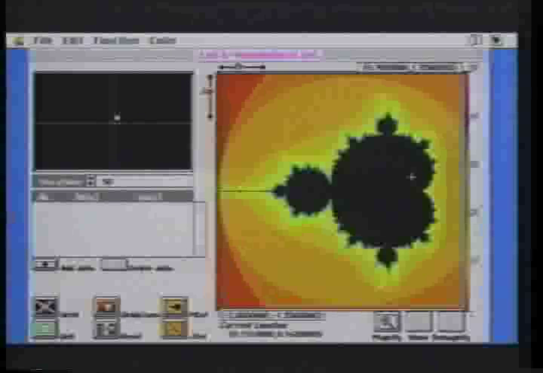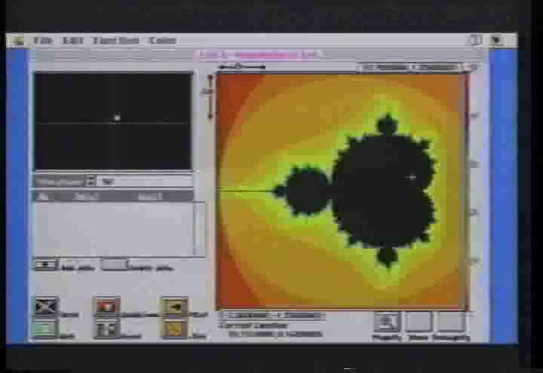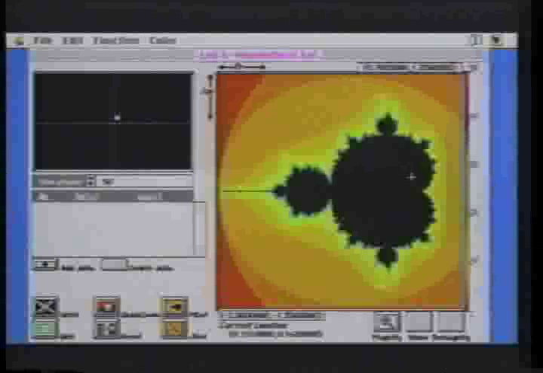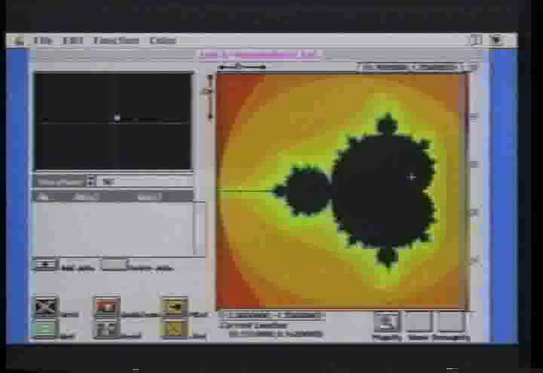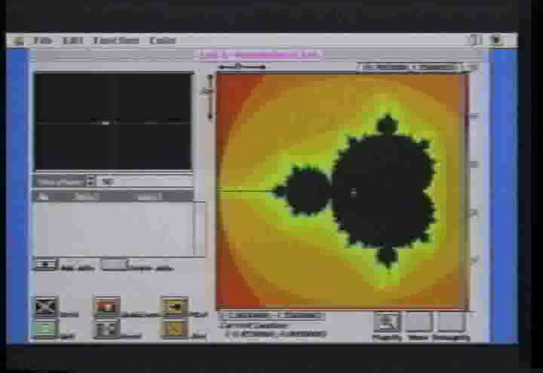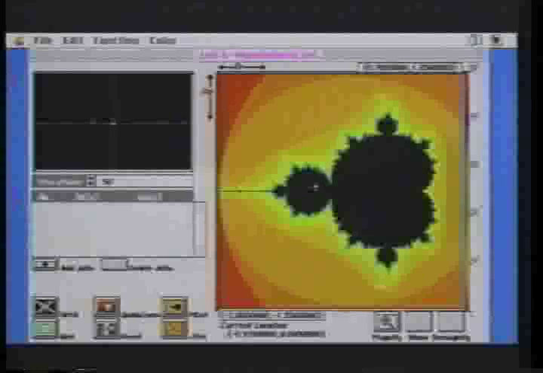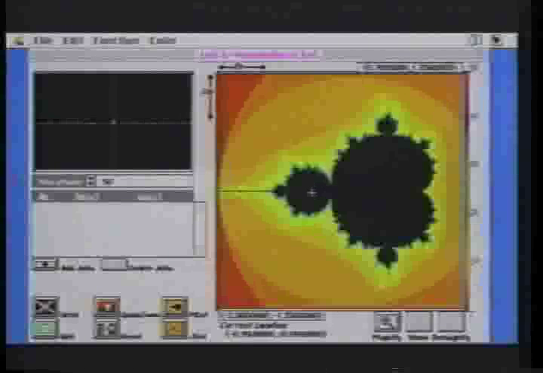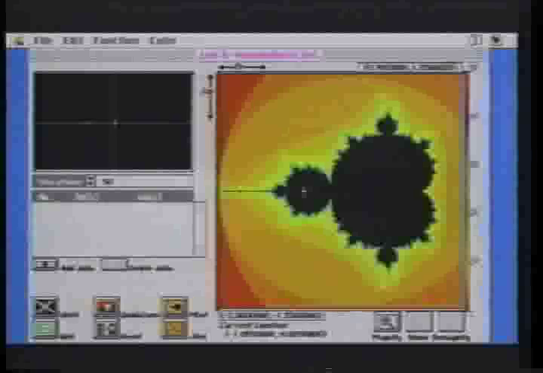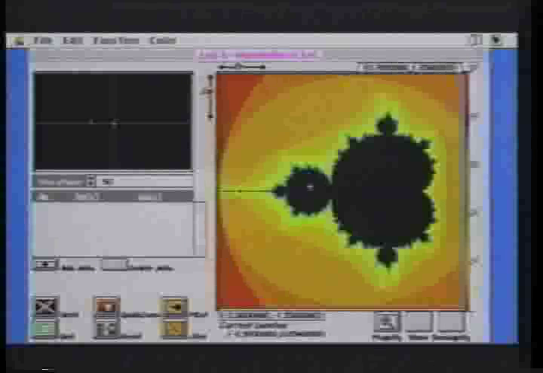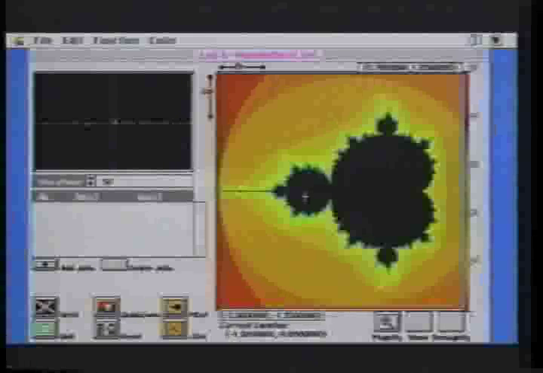Now, if the only case were the orbit of 0 goes to infinity or the orbit of 0 goes to a fixed point, there wouldn't be much to the Mandelbrot set. In fact, that's the meaning of all these other decorations. Watch what happens when I move the cursor into the second bulb on the left of the main piece of the Mandelbrot set. Notice that as I move c around, the orbit of 0 tends to 2 points.